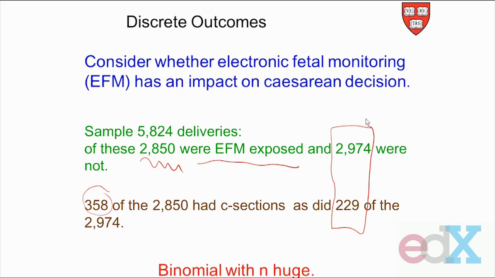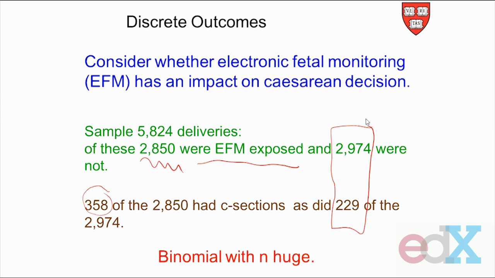So, as you've seen before, this is just two binomial situations: those who were EFM exposed and those who were not. The question was, what is the probability of having a C-section? So we've got two binomials, but with n exceptionally huge. So what to do about this?